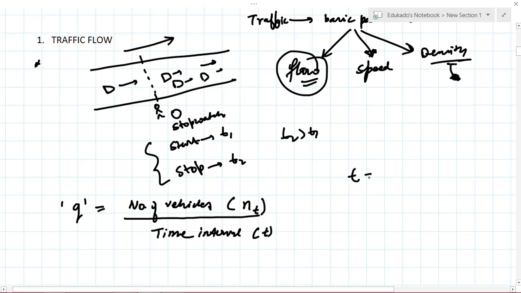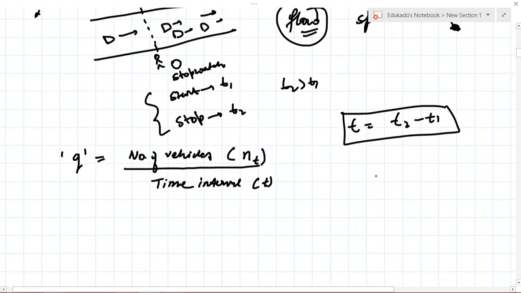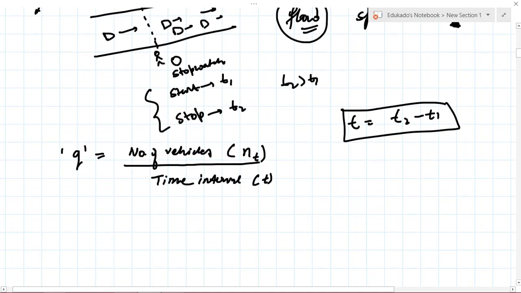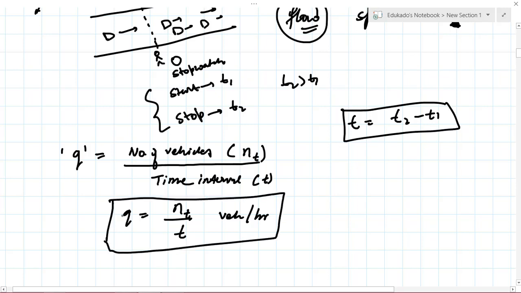So this t is nothing but t2 minus t1. That's all there is to know about it. So q is equal to n divided by t, and the unit can be vehicles per hour. That's all you need to know about what is flow.